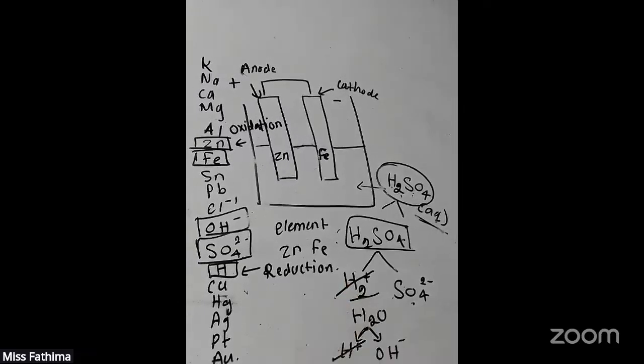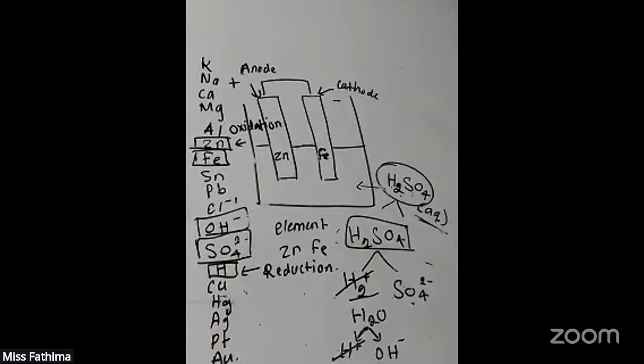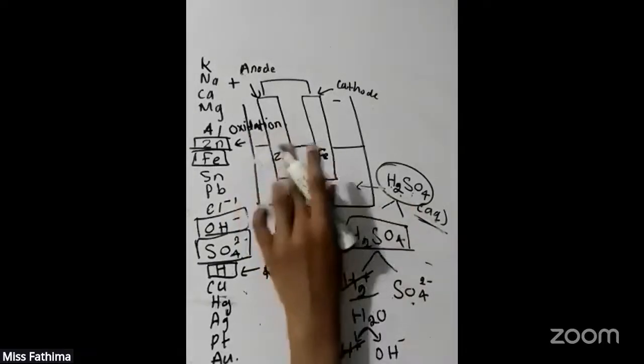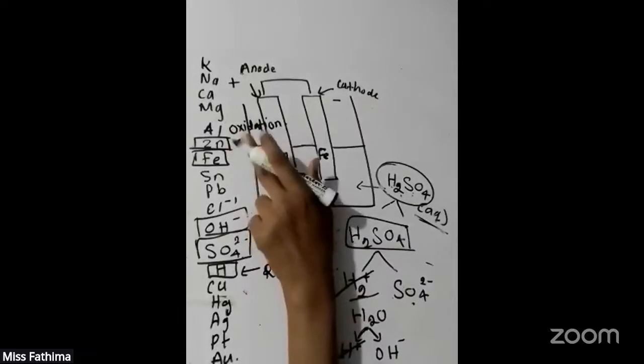Then you are going to mark all the elements and ions in the reactivity series. When you mark, you should be able to identify which is on the top. Here, from this question, you can see zinc is on top.